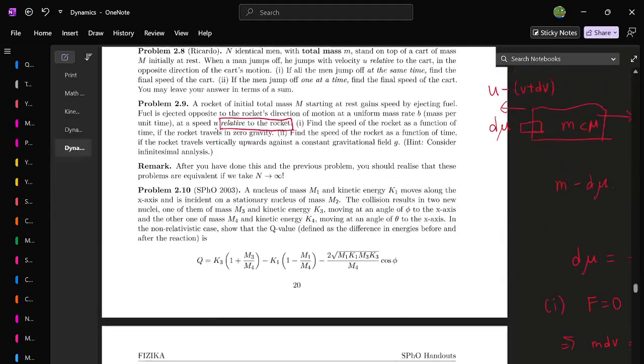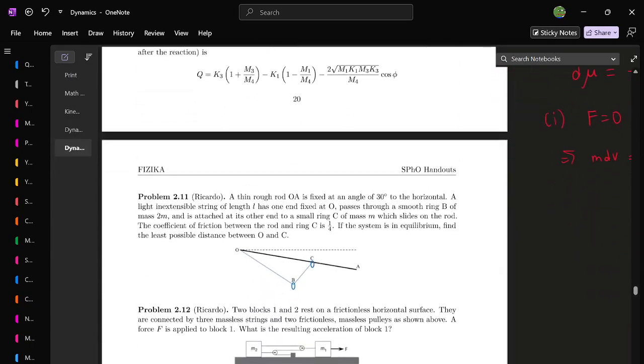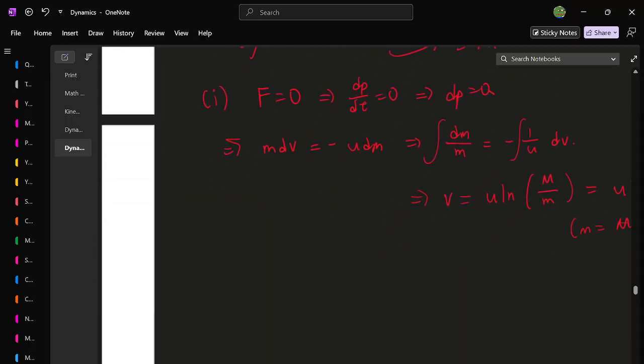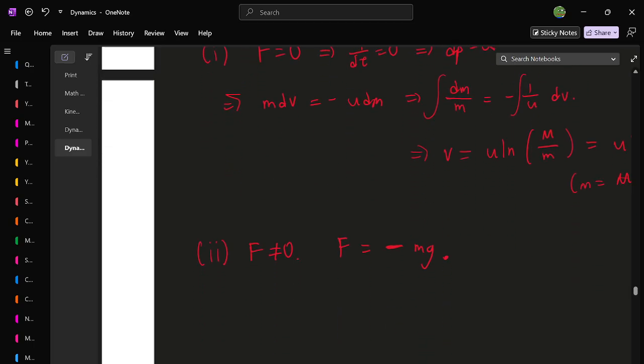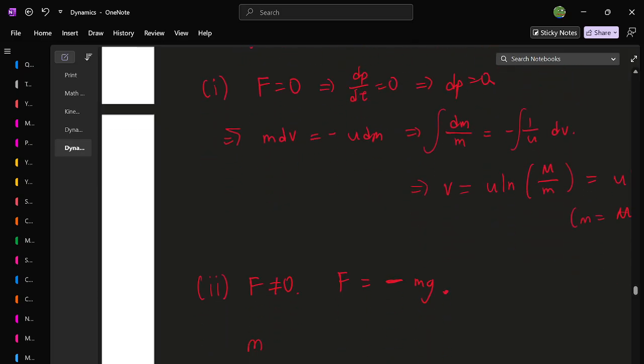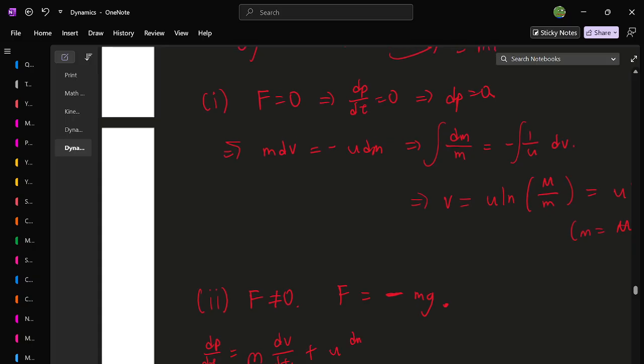And when there's a downward gravitational field, your F is no longer equal to zero. Instead, your F equals minus mg. Now, why the minus sign? Because this gravitational force will decrease the momentum. So yeah, the negative sign is important. So we now have dp dt equals m dv dt plus u dm dt equals minus mg.